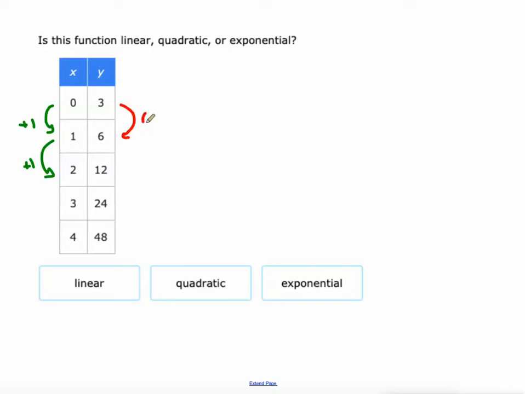When I look for constant differences, I'm not going to see them. Okay, so that rules out linear. You can probably see this is exponential because 6 divided by 3 is 2, just like 12 divided by 6 is 2. So that's exponential.